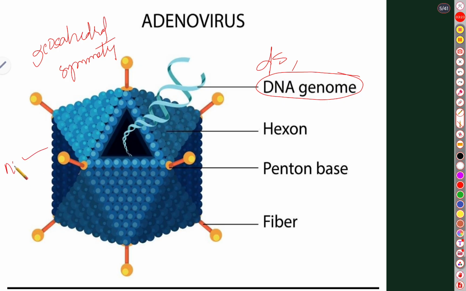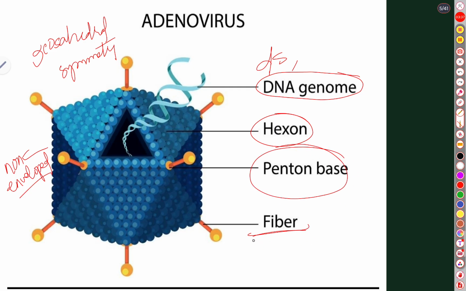The virus is non-enveloped, and it has a hexon with a penton base and some fibers. The fibers are rod-like, and they are attached at each of the vertices. Here, look, at the vertices the fibers are attached, and it is the penton base on the vertices upon which the fibers are attached, and the surfaces are the hexons.